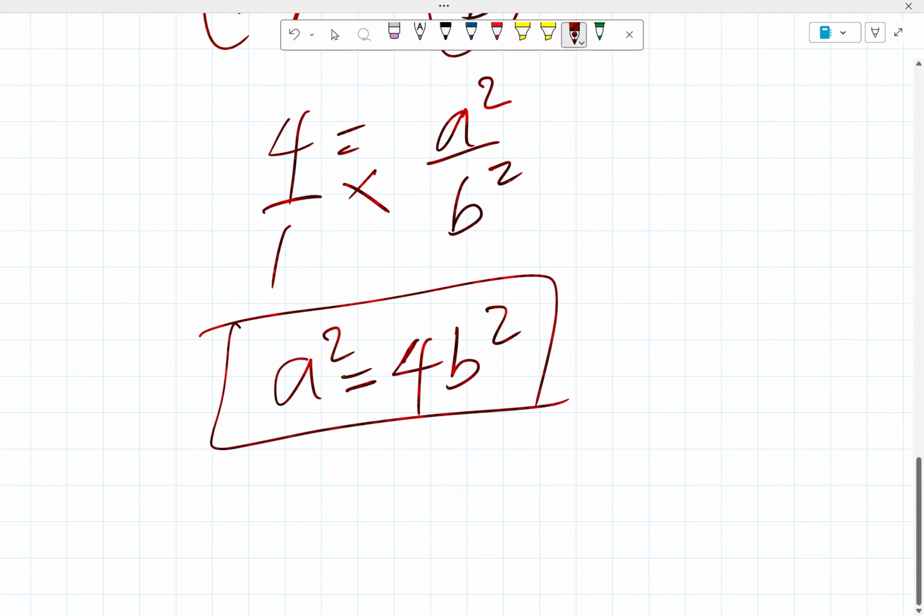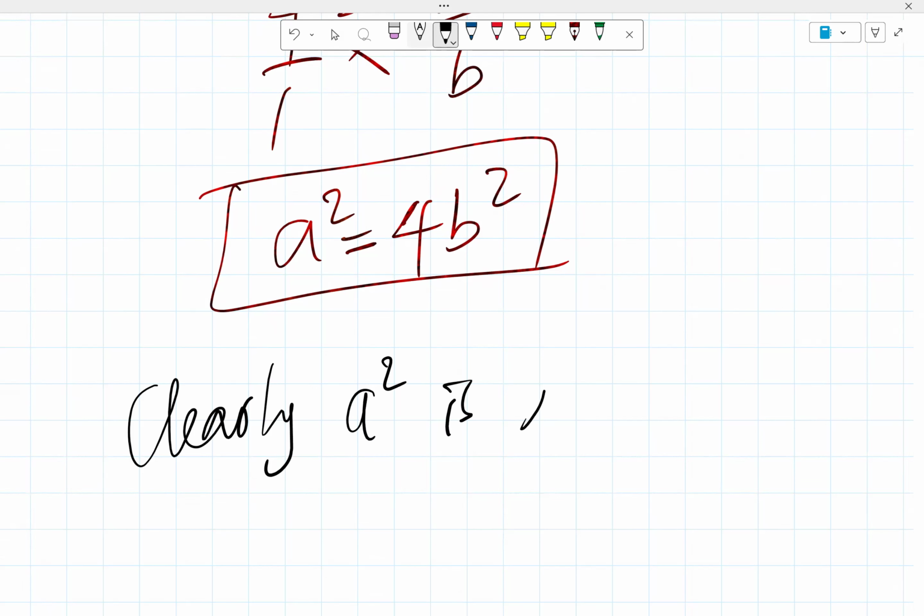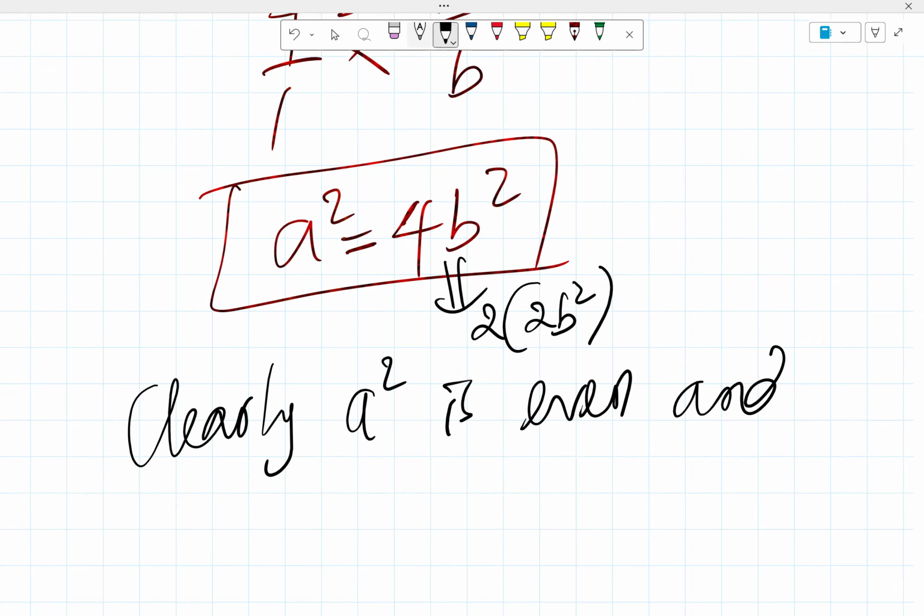So clearly, a squared is even, because we can write this as 2 times 2b squared. Okay, so a squared is even, and so a is automatically even.